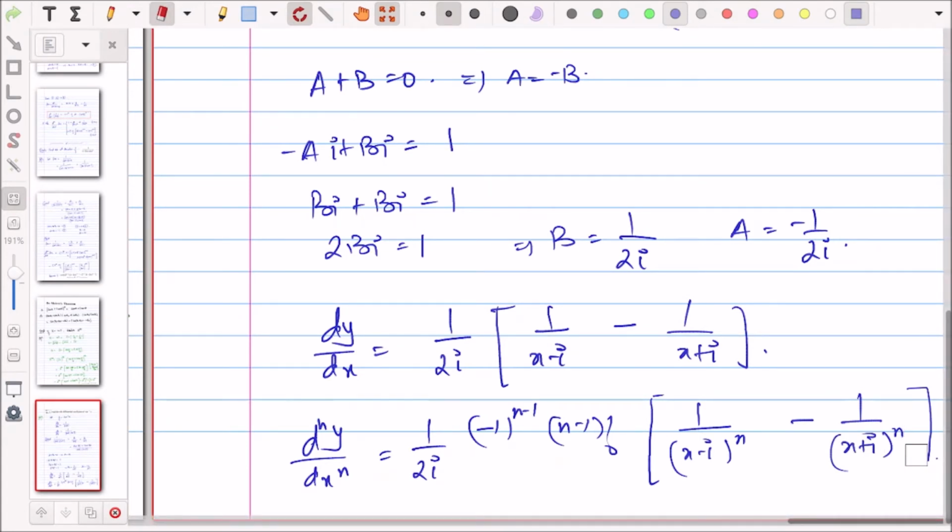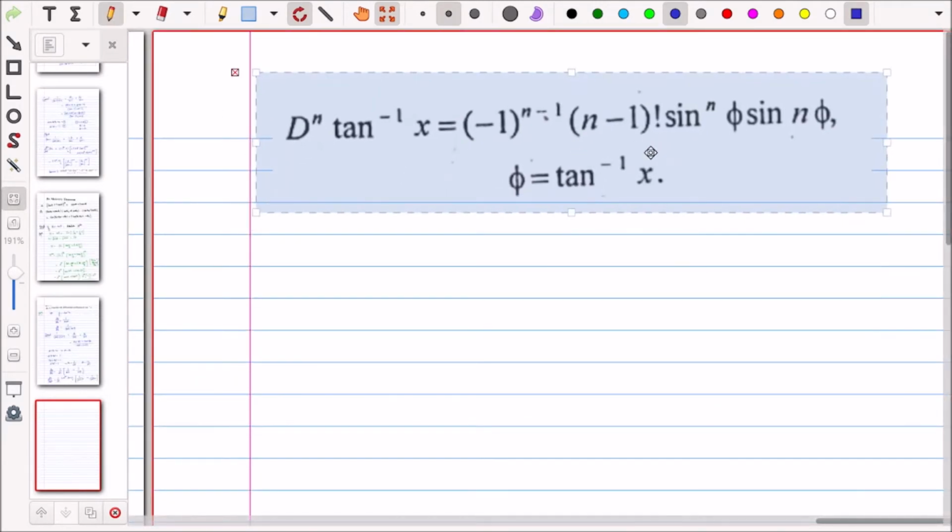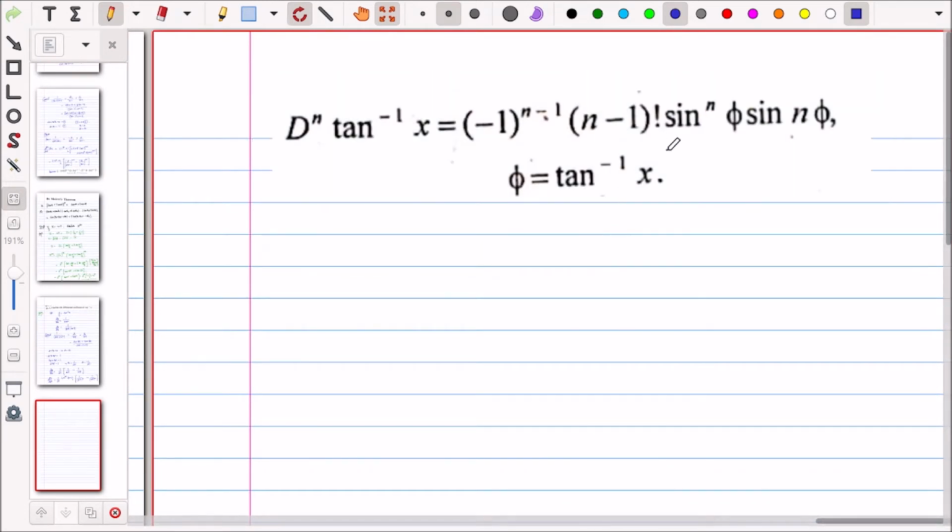Okay, so you can leave your answer here if you are not asked to prove anything. But if you are asked to prove some particular form like this, then you have to use De Moivre's.